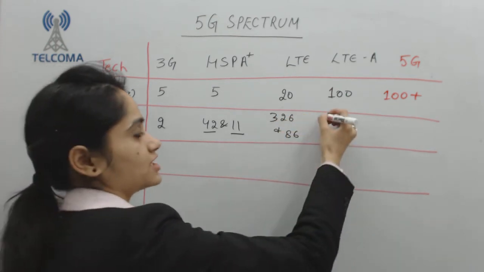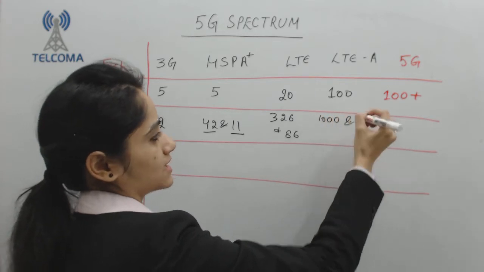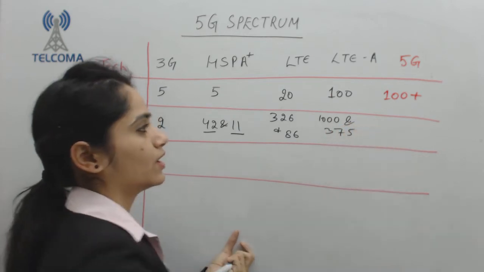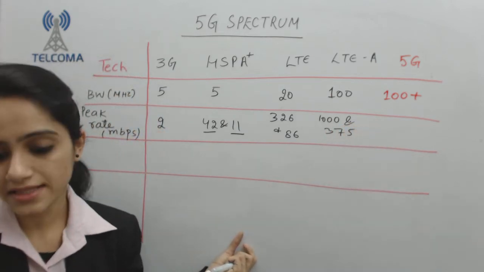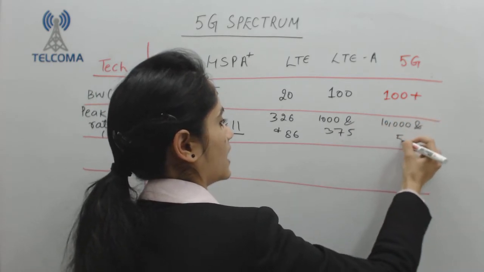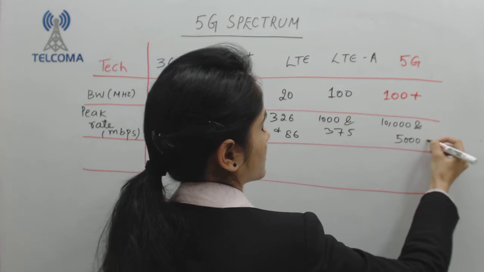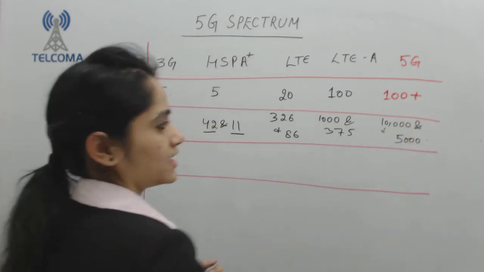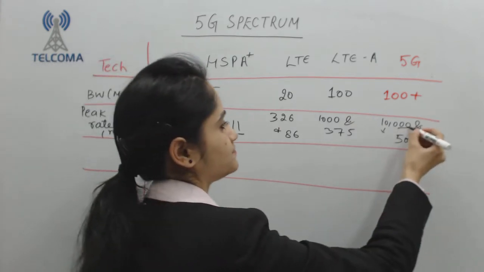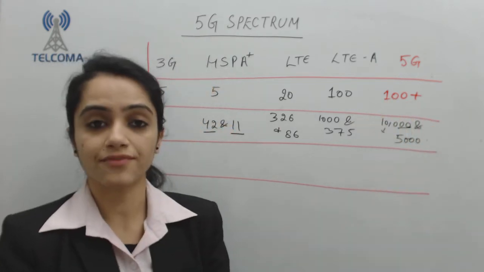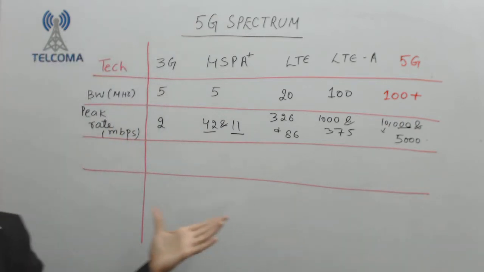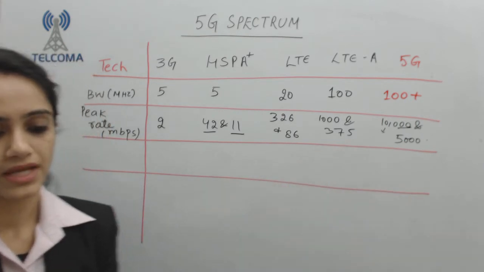In LTE Advanced we achieved gigabit, 1 gigabit per second, so 1000 and 375. Whereas in 5G we require 10,000 and 5,000. That means we require 10 gigabit per second as the downlink and 5 gigabit per second as the uplink speed in the case of 5G.